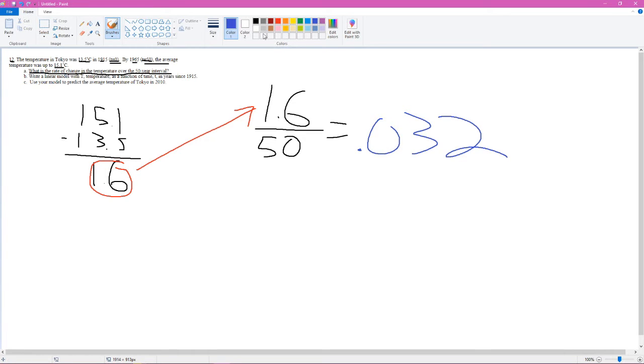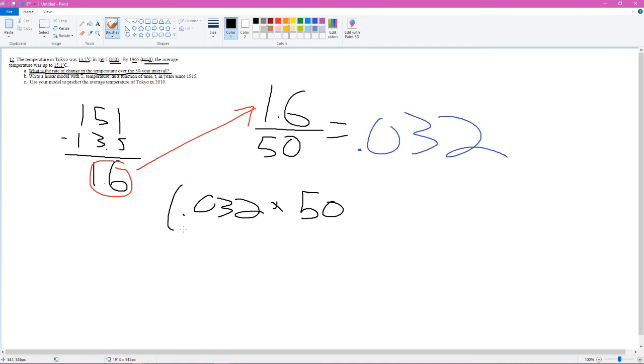So we can check that by doing 0.032 times 50.